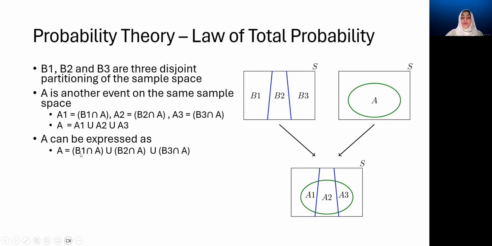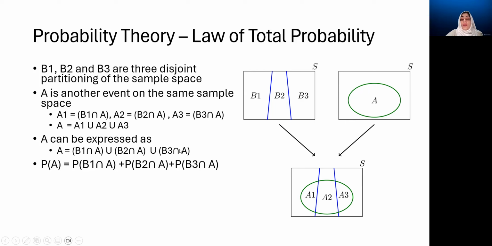A is equal to B1 intersection A, union B2 intersection A, union B3 intersection A. Now, since these are disjoint sets, the probabilities are simply added. So we have P of A equal to P of B1 intersection A plus P of B2 intersection A plus P of B3 intersection A.